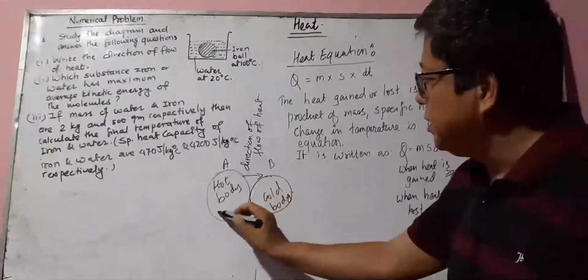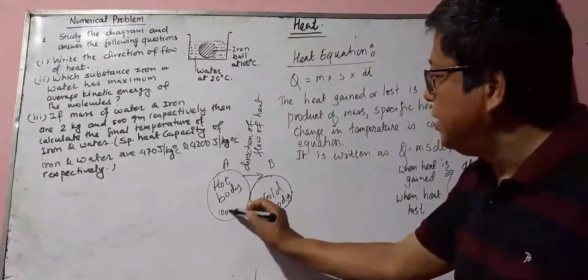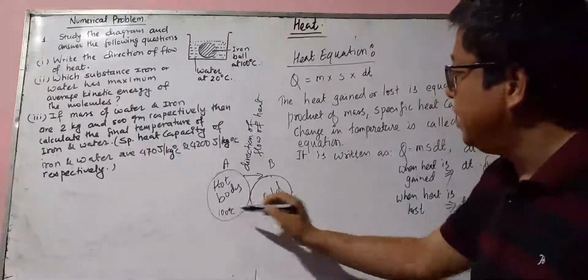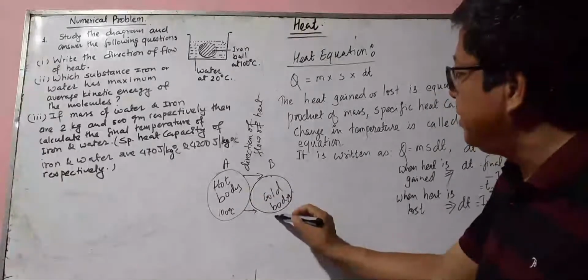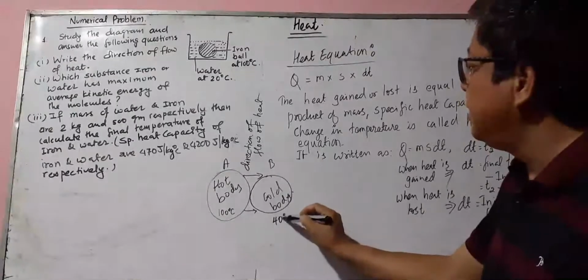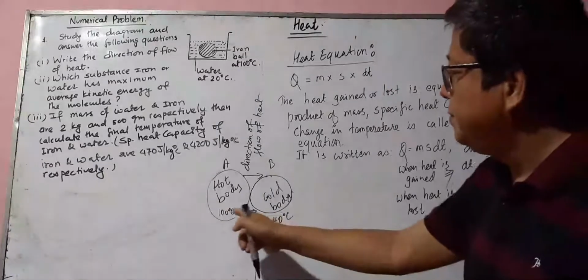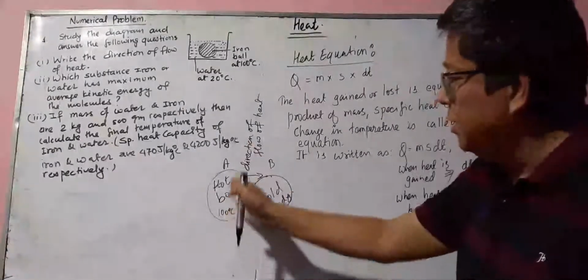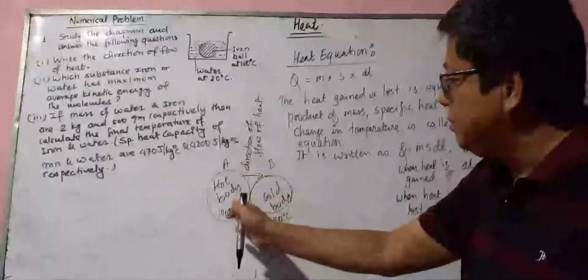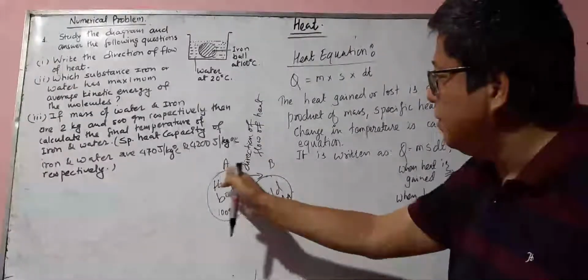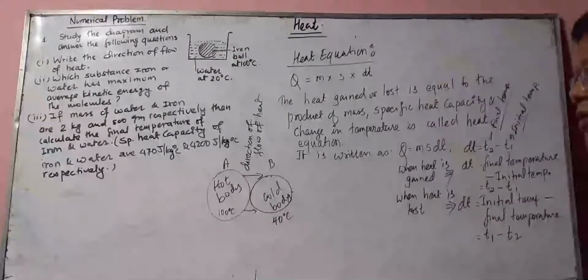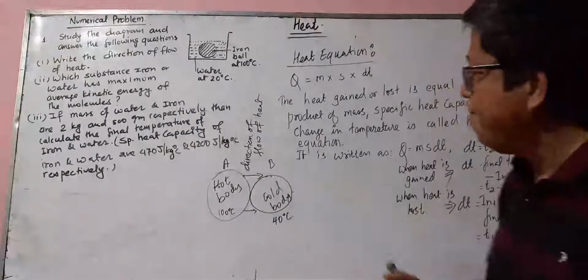So suppose it is 100 degree Celsius, and if it is say 40 degree Celsius, then this is a hot body, so the heat transfers from hot body to cold body.